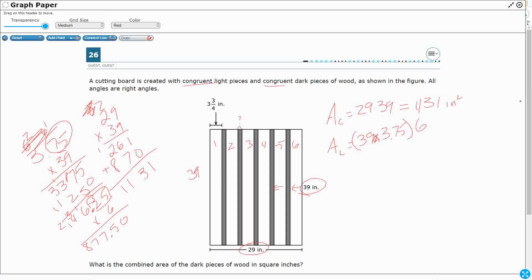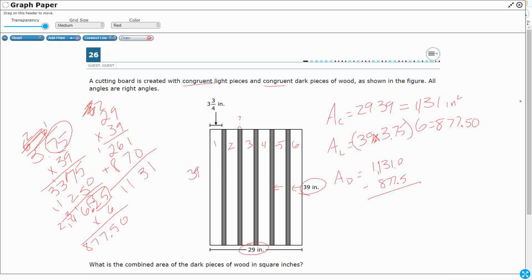All right, so 877.50 is the combined area of the light, which means the area of the dark, right, is going to be those two subtracted. The total area minus my 877, and let's make a 0.0 out there.